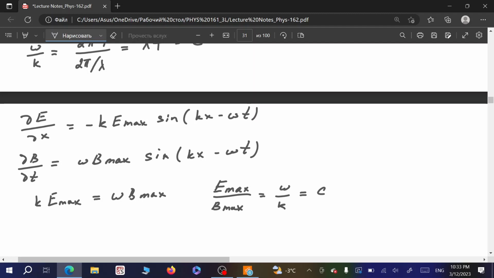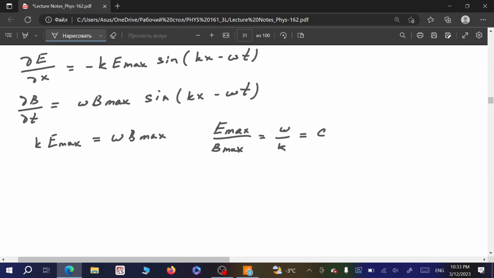It's also possible to apply this not only for amplitude values, but for values at any moment of time, instantaneous values of electric field and magnetic field.